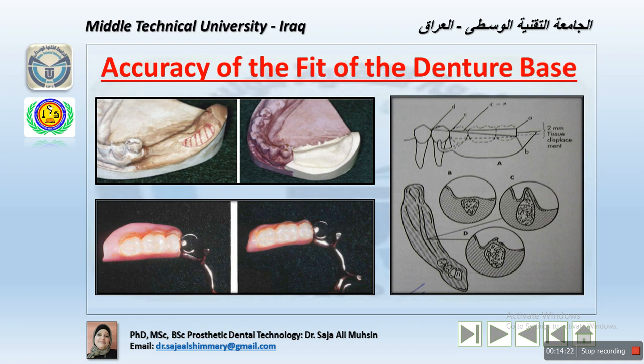Now, the tissue surface of the denture base must optimally represent a true negative of the basal seat region of the master cast. That means all the details should be recorded precisely by the impression material. So the denture base must be related to the removable partial denture framework in the same manner as the basal seat tissues were related to the abutment teeth when the impression was made.